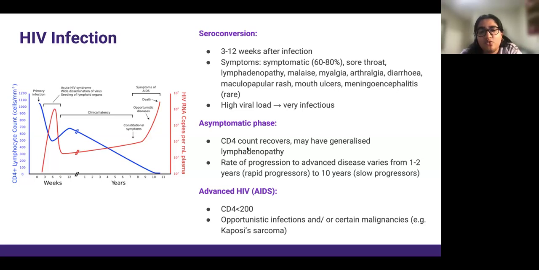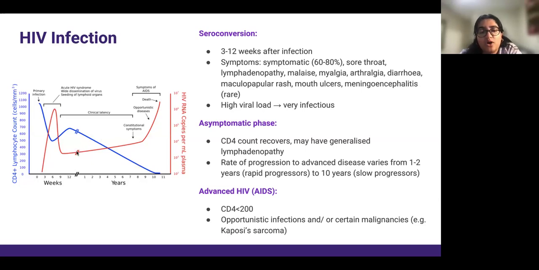So the CD4 count recovers slowly, as you can see in this graph. But then after a while, the rate of HIV progresses even more, and the CD4 count slowly chips away, I'm talking within years, like 10 years, 20 years sometimes.